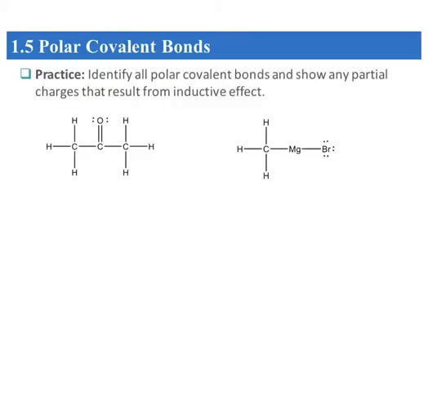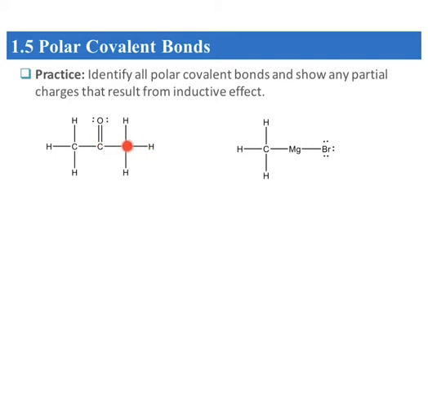Practice problem. In this practice problem, I want you to be able to identify the polar covalent bonds and draw partial charges, positive or negative, on the appropriate atoms. So let's look at the first molecule. In this molecule, we have carbon-hydrogen bonds, carbon-carbon bonds, and one carbon-oxygen bond. We already talked about it.